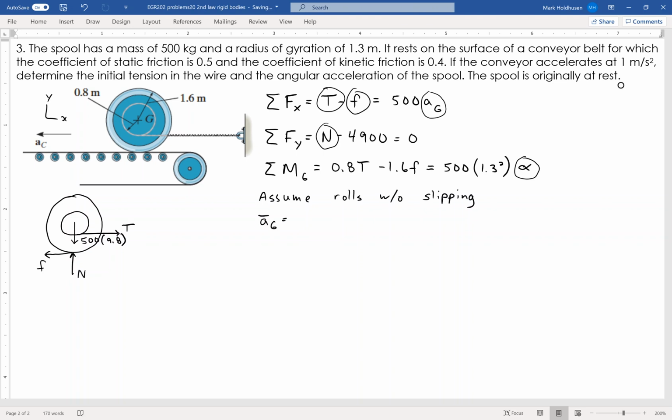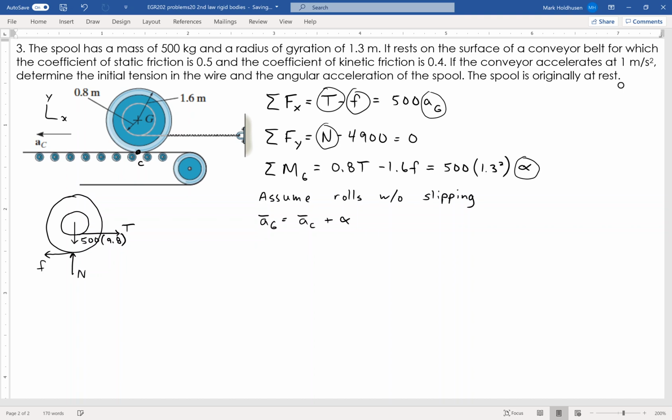Basically, the acceleration of G equals the acceleration of C. Again, I'm calling C that point right there, the contact point. And again, if it's rolling without slipping, I know the acceleration of C. That's what I'm going to assume. We'll get to that in just a second.